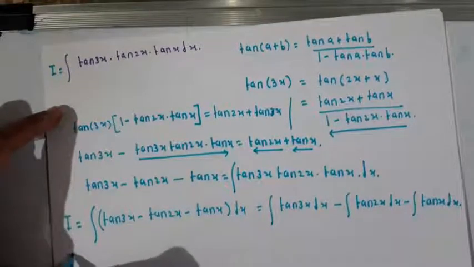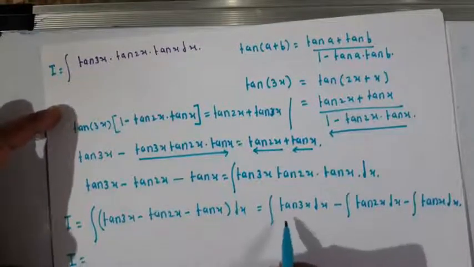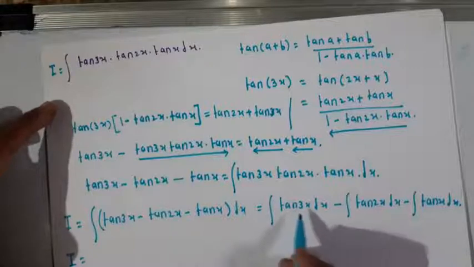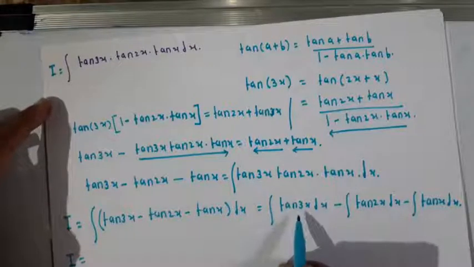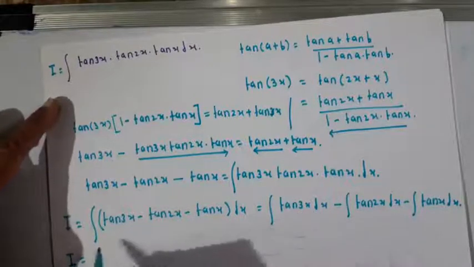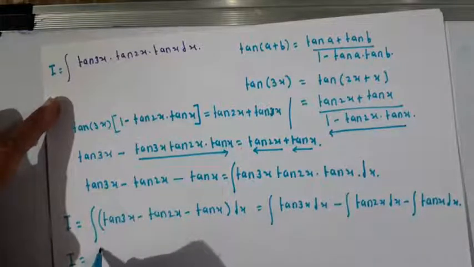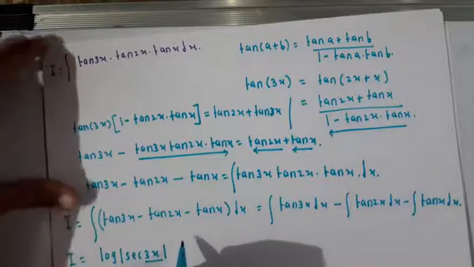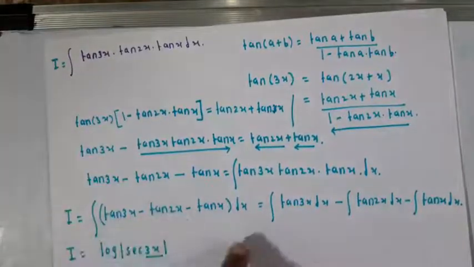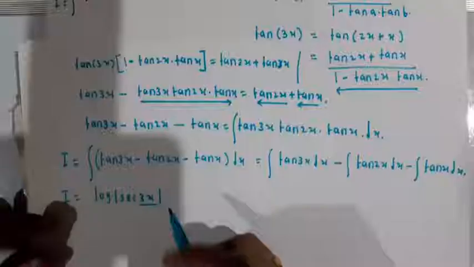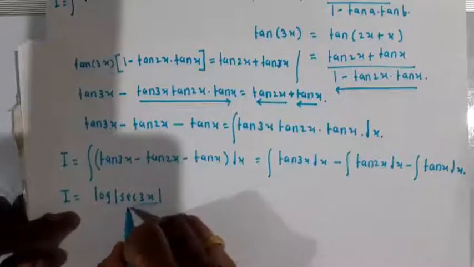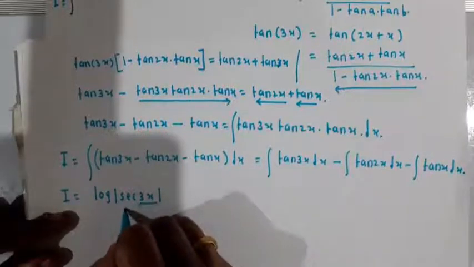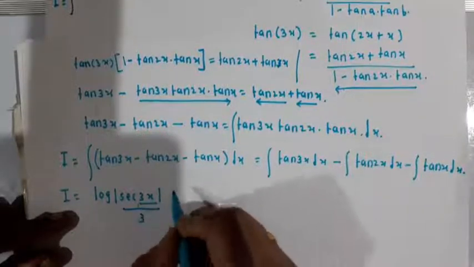Okay, now integration I equal to, integration of tan of x is log of sec of x, and therefore that is log of sec of 3x. But students, this 3x is again a differentiable function, that's why its differentiation is 3, and therefore divide by 3.